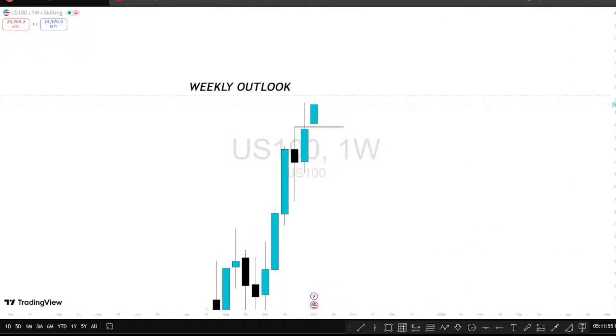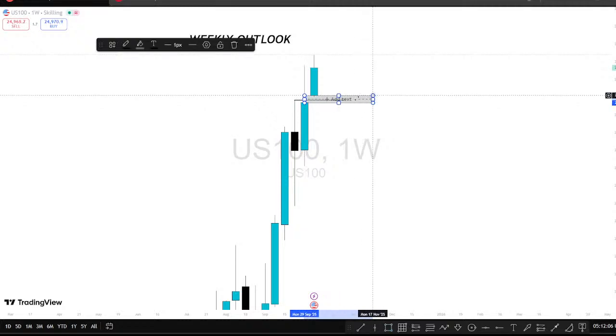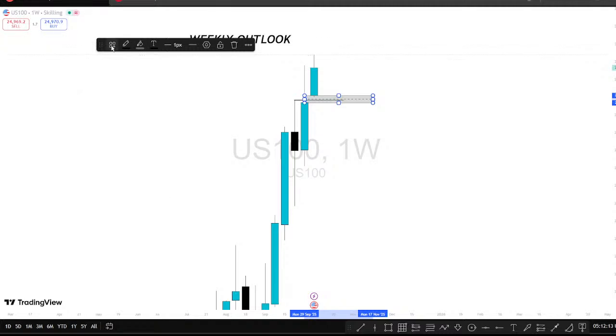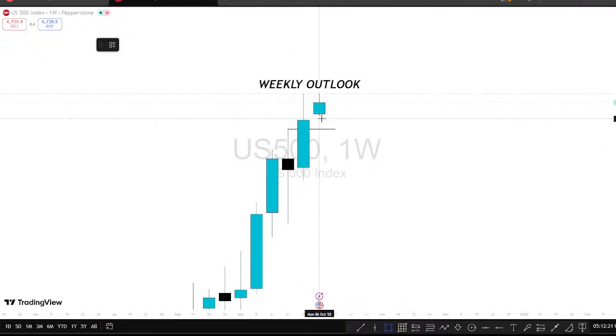Looking further into this chart, you will notice that we had a new week opening gap right here. During yesterday's open, Monday's open, we had that NWOG, which is also present on SP500.